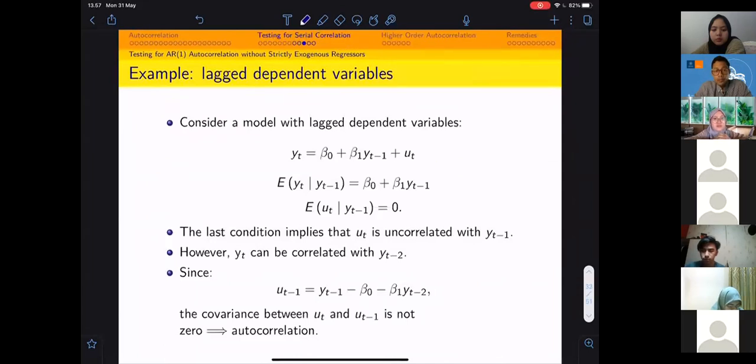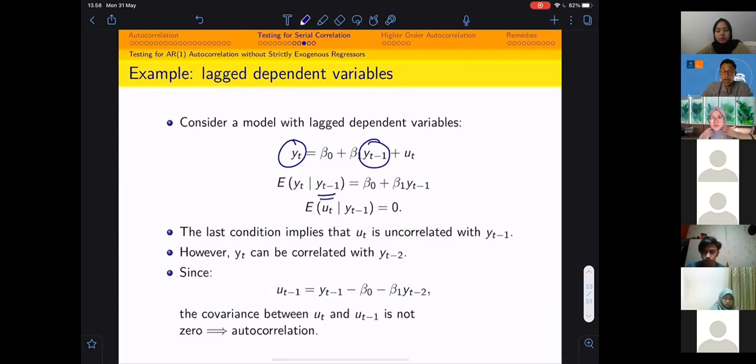Before we go into an example, I'm going to provide a very brief example on lagged dependent variables. In several applications, it's quite common to see a regression of y_t on the lagged dependent variable.